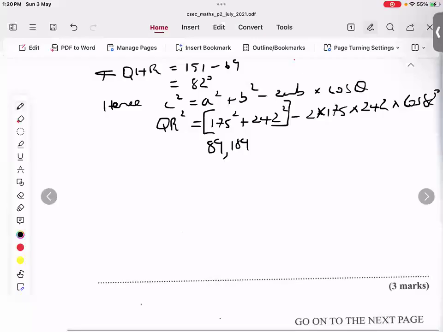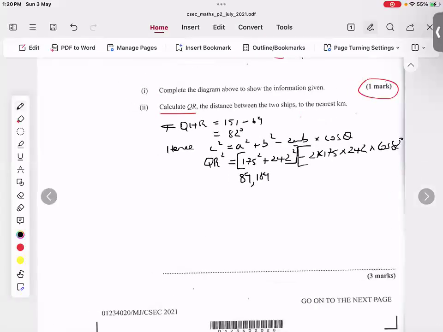All right, good. And then I'll go ahead now and work out all of this thing over here all one time. One single time. Minus 2 times 175 times 242 times the cosine of 82.